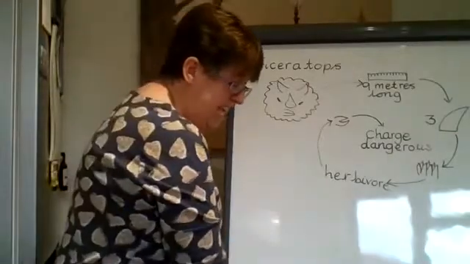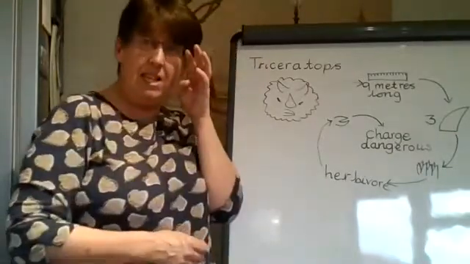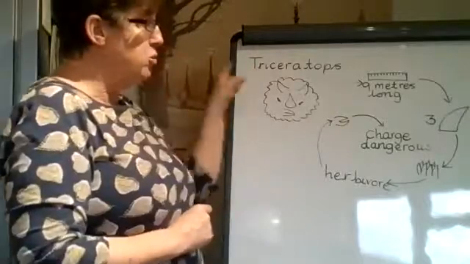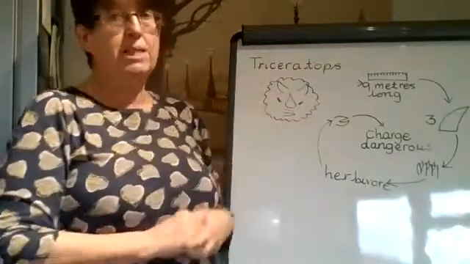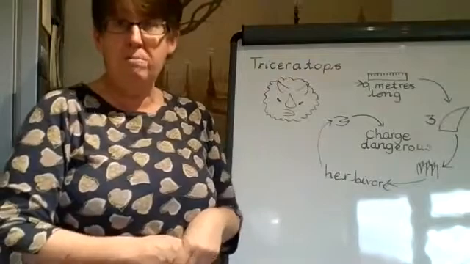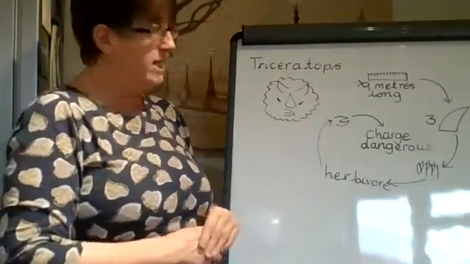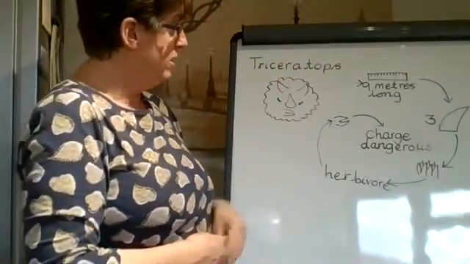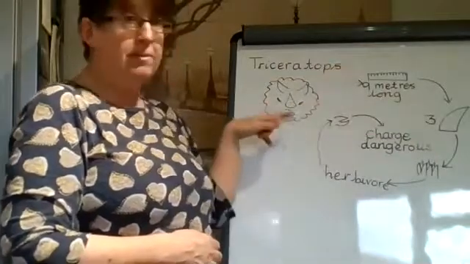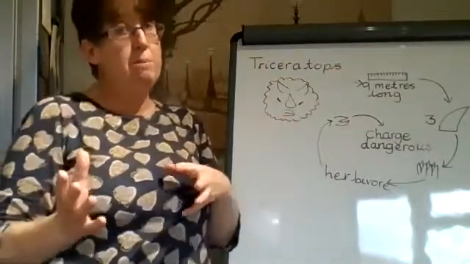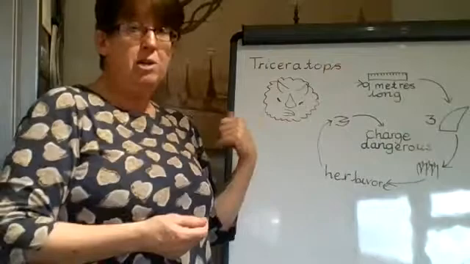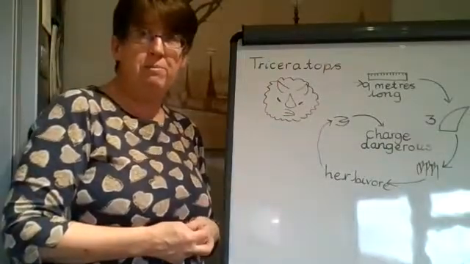So today, for your English activity, we'd like you to draw the first part of your map about the Triceratops. Include all of this information. You can pause the video and use mine to help you.